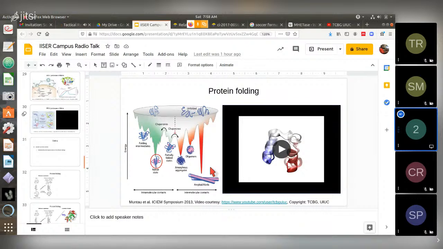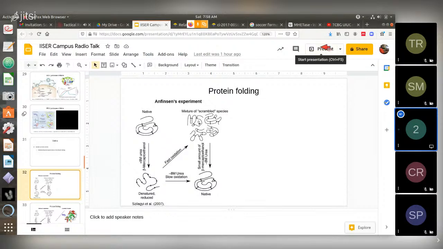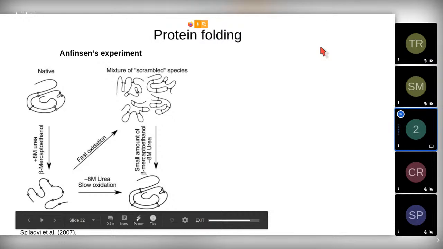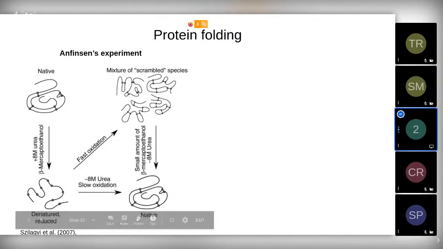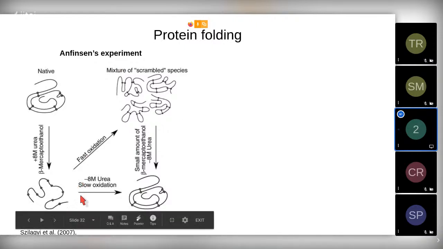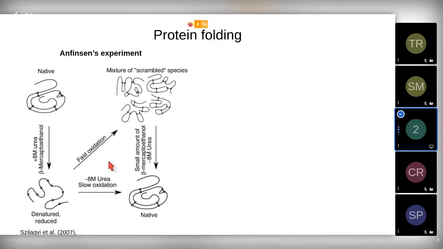But you need to understand that it is not exclusively mistakes in chaperones that can lead to misfolding. If you see the Anfinsen experiment, in in vitro experiments like that, you can see that misfolded or scrambled structures can also be generated by different kinds of processes, starting from the unfolded, misfolded or native state, depending on the condition to which the protein is exposed.